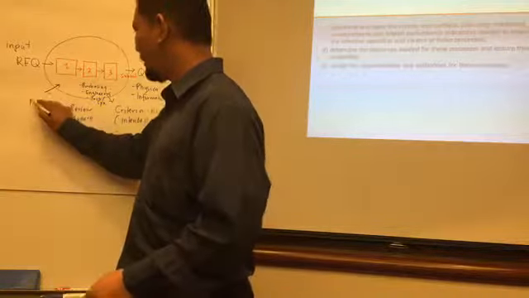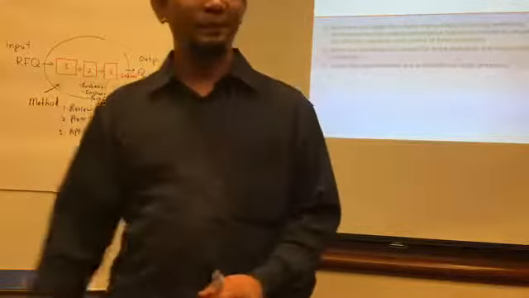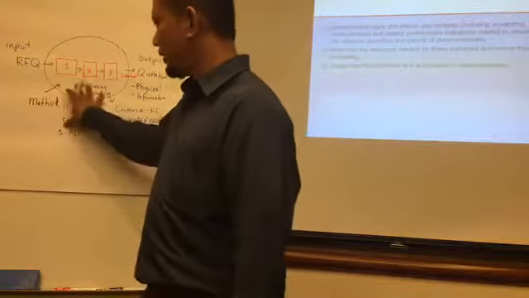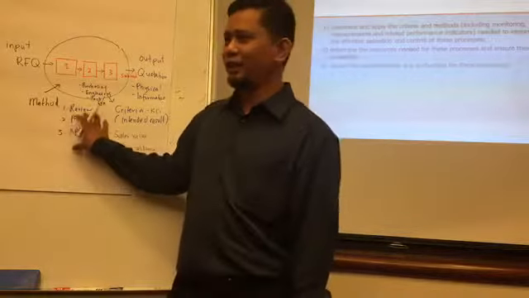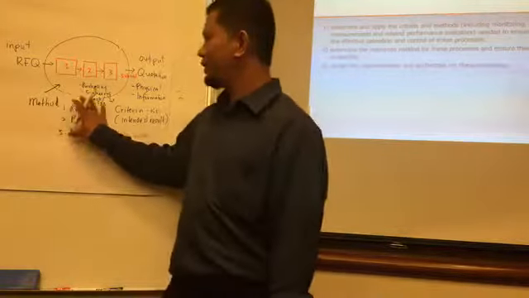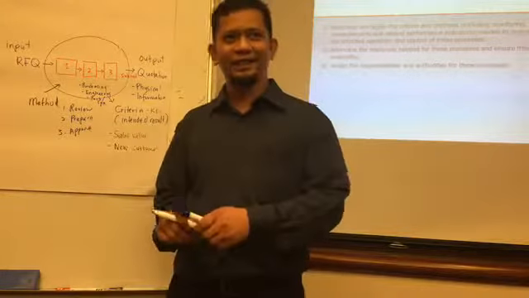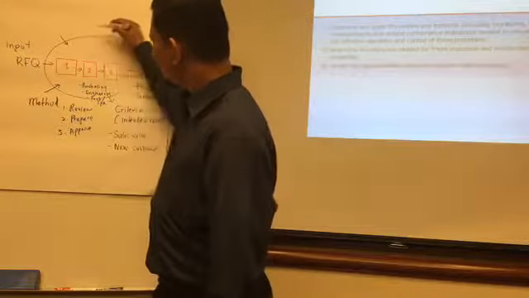Okay, we call it method. So this method later we can talk about. This is the procedure on doing sales, what is required. Okay, so this is talking about methods. Okay, and then continue with D. D is the resources.